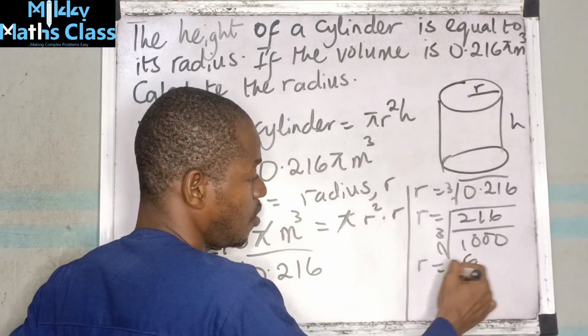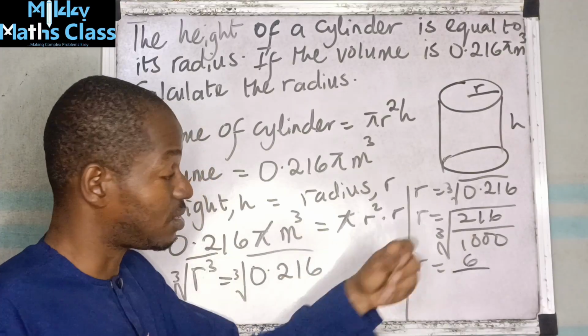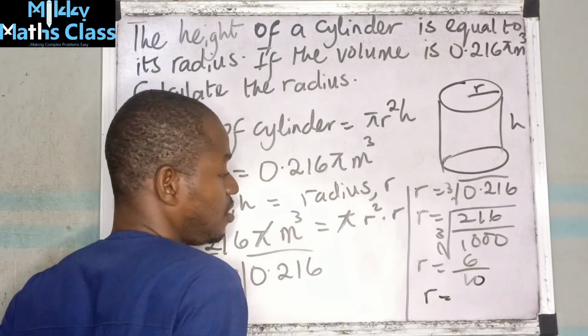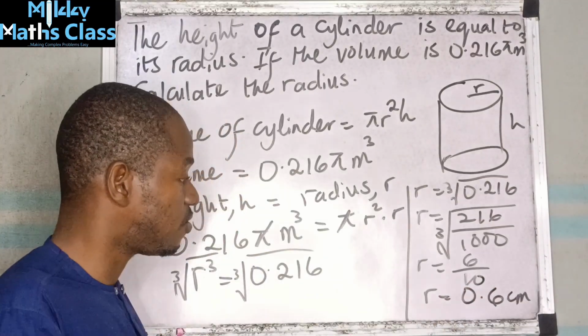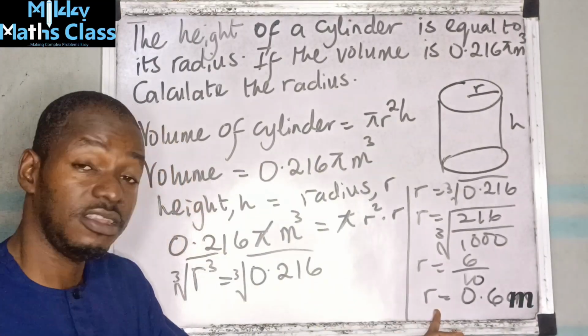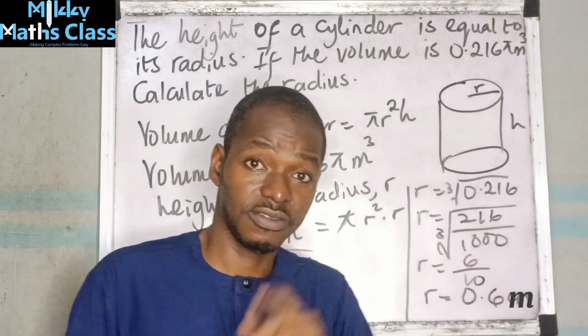That's 6 over 10. What will I multiply 3 times that will give me 1000? That's 10. So our radius is equal to 6 over 10, which is the same thing as 0.6. So this is 0.6 meter, which is the same thing as the height. So the radius of the cylinder is 0.6.